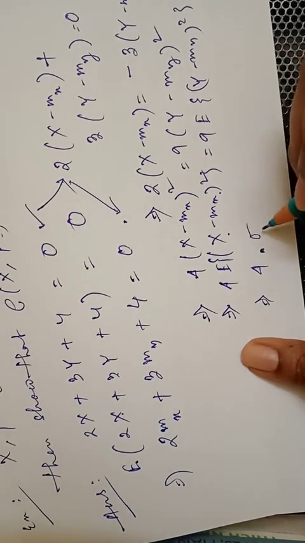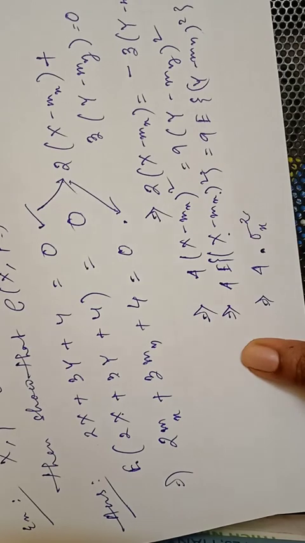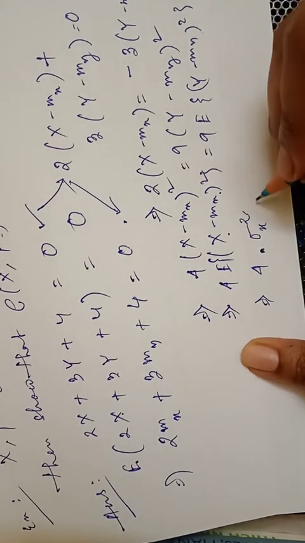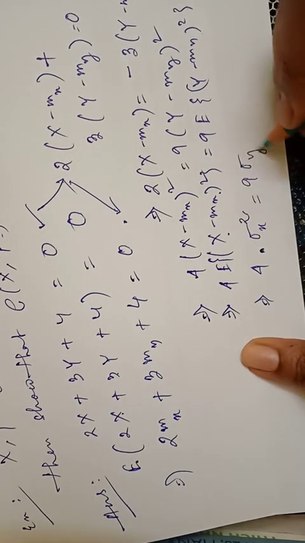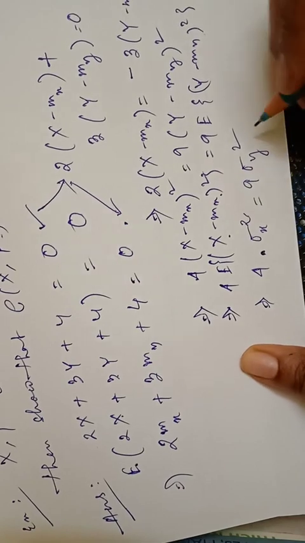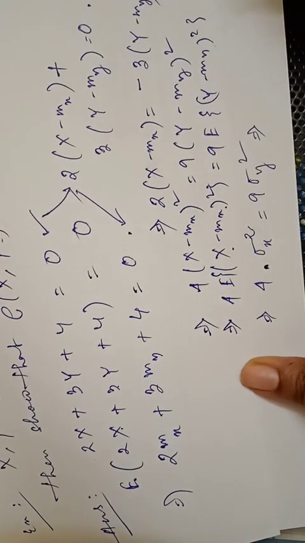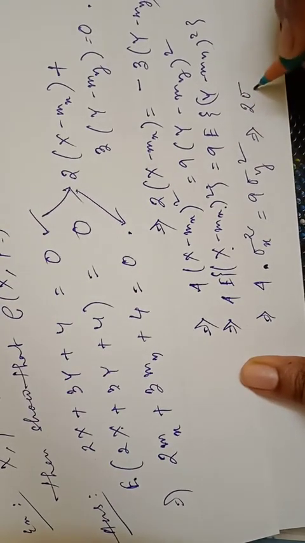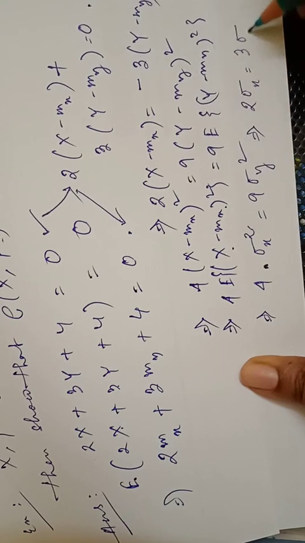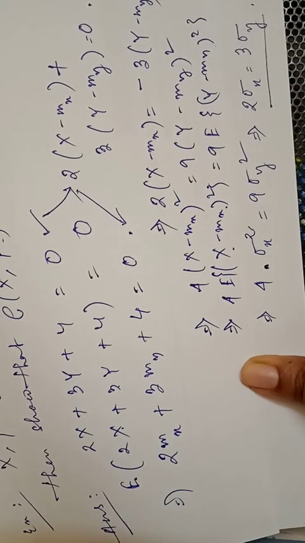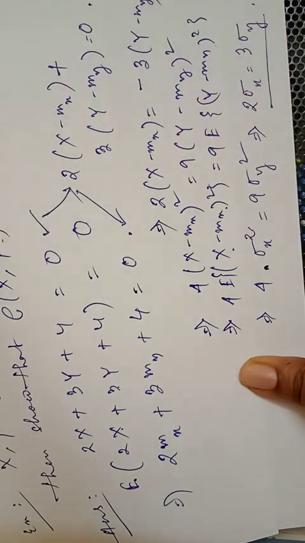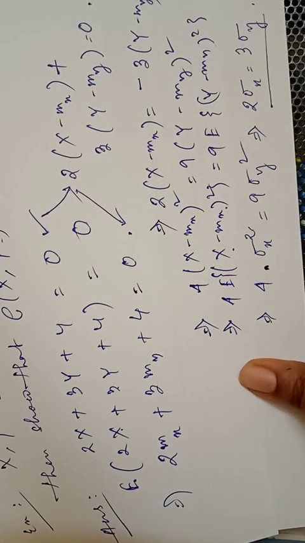Variance of x means sigma x its whole square. So 4 sigma x square equals to 9 sigma y square, right? Now taking square root on both sides, 2 sigma x equals to 3 sigma y. So we got this relation. We are not considering the negations because we know standard deviations are always positive.